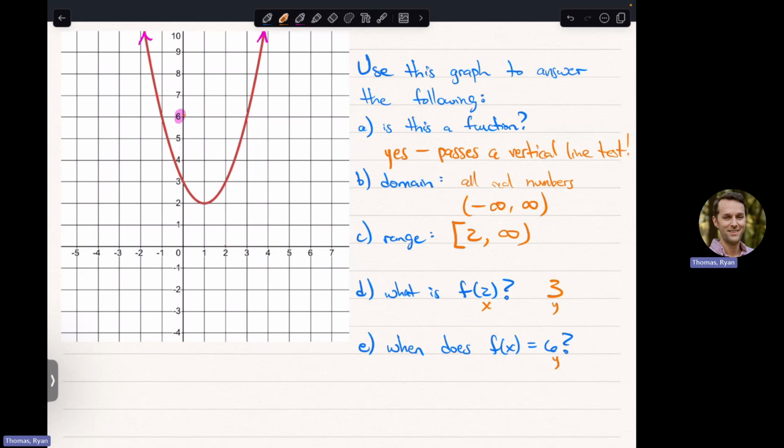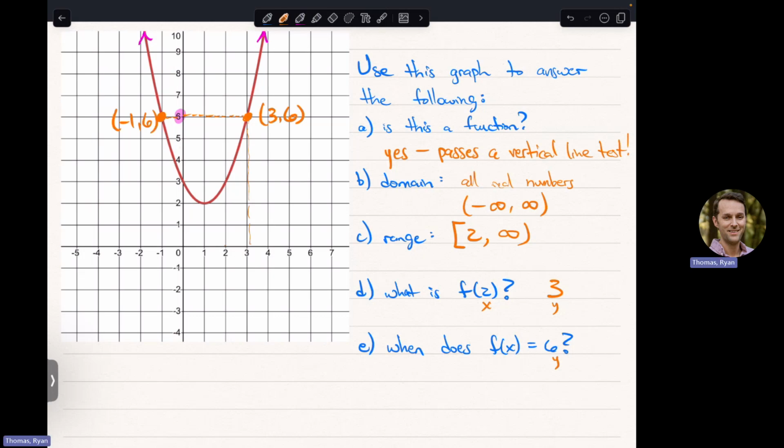And again, I'm looking for the function. Now, when I look across at 6, I see this point at (3, 6). But don't miss the fact that there's also another point at (-1, 6).